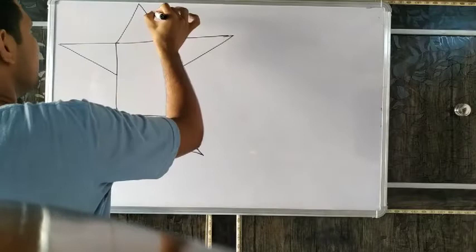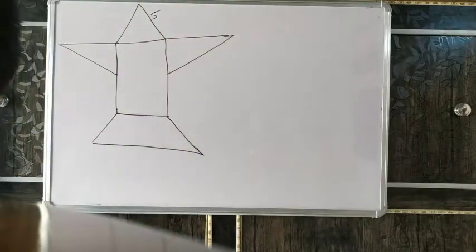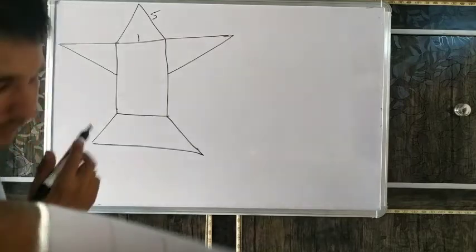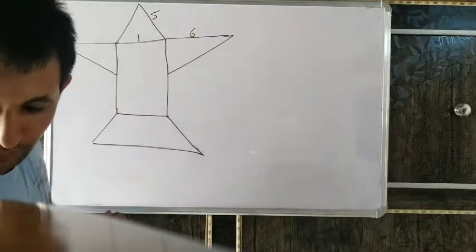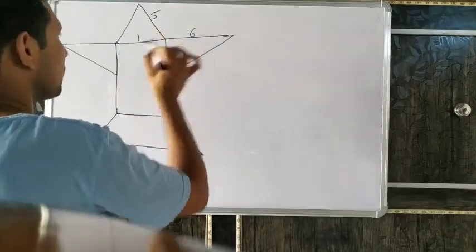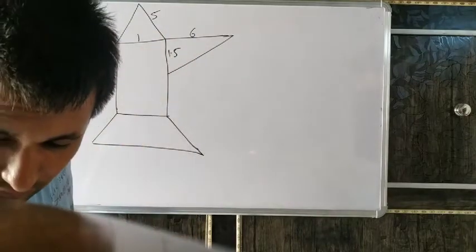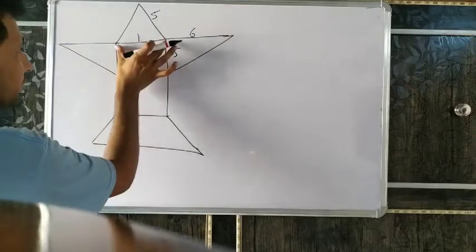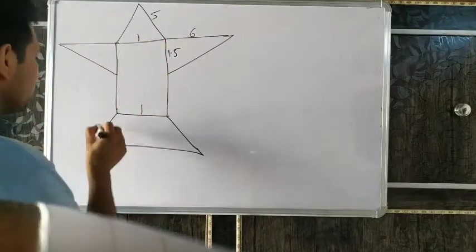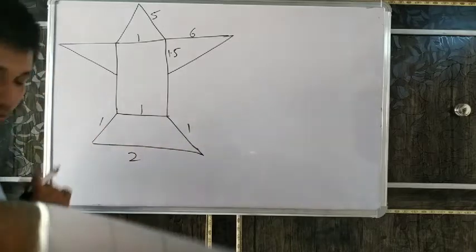And now I am writing the sides. This side is 5. This one is 1. It is 6 centimeter. It is 1.5. Next it is 1, so it is also 1 centimeter. Now it is 1, it is 2.